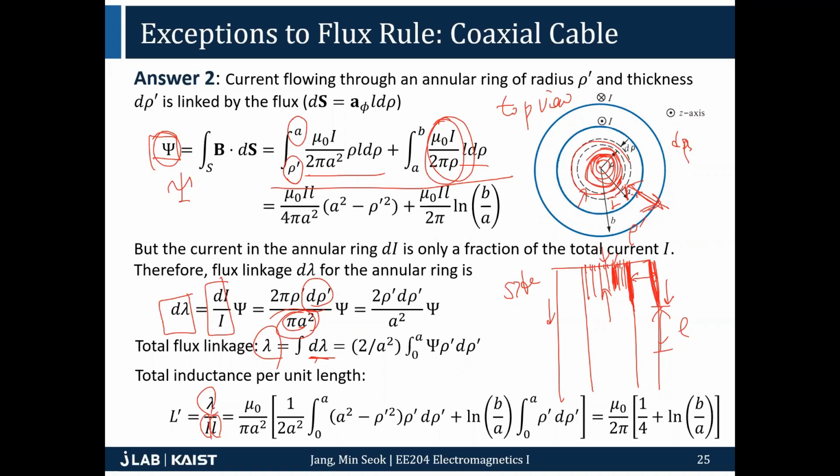So the main problem in these two examples was that the current is flowing through some area, not just a line, so it's difficult to define the area of a circuit, and so it's difficult to define magnetic flux, right?